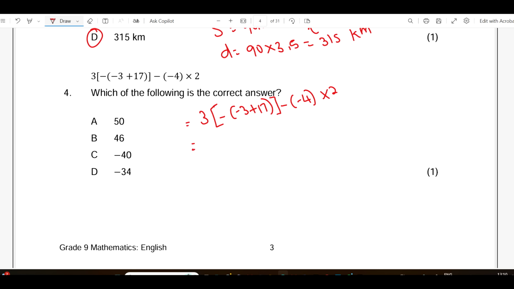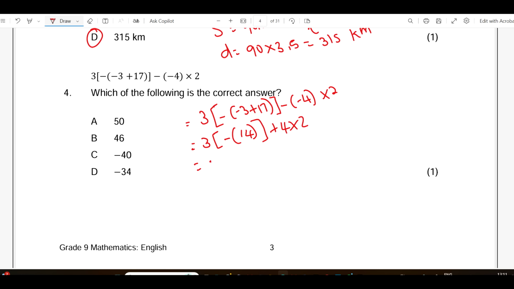I will start by working out what is in brackets first. Negative 3 plus 17 is positive 14. Negative times negative is positive, times 2.